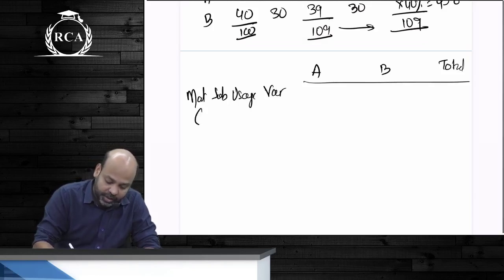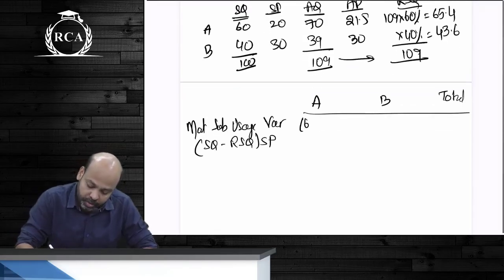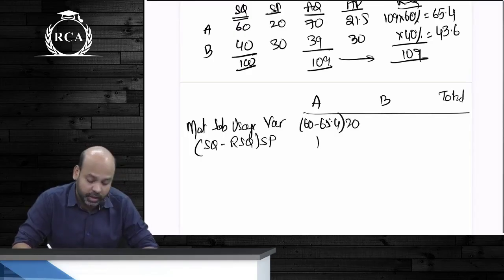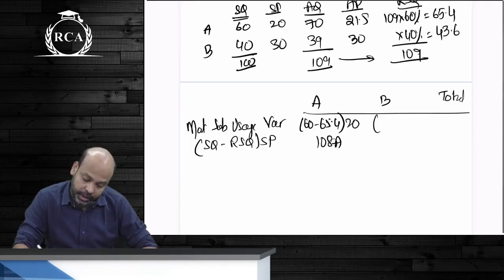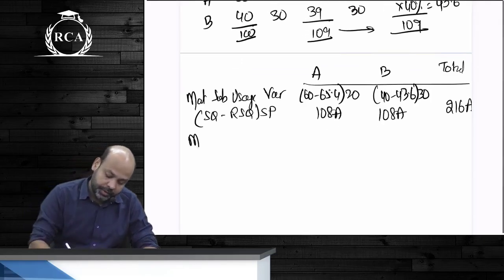Material sub-usage variance is SQ minus RSQ multiplied by standard price. 60 minus 65.4 multiplied by 20, 108 adverse. And then 40 minus 43.6 multiplied by 30, 108 adverse, total 216 adverse.